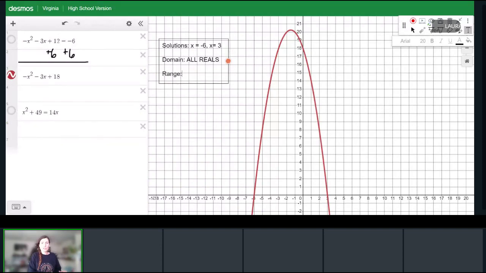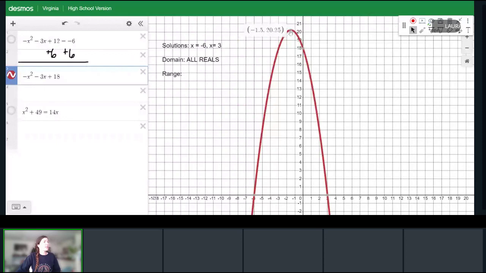Finally, our range, we need to see what our vertex is, our maximum value. The y value at the very top is 20.25. Everything else is beneath 20.25 for y. Our entire graph exists below that y value.